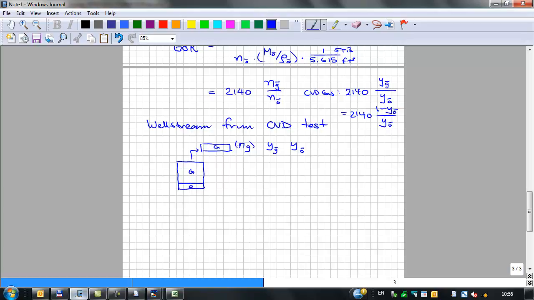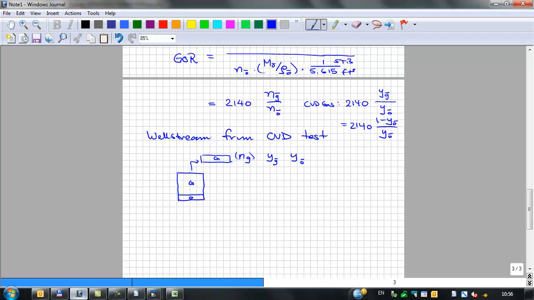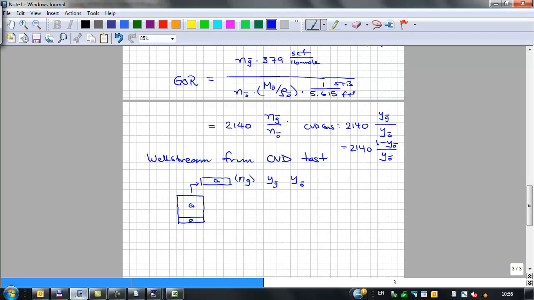Yeah, we need this term here, which is going to be rho O over MO. So we need to print the molecular weight and density of that component.